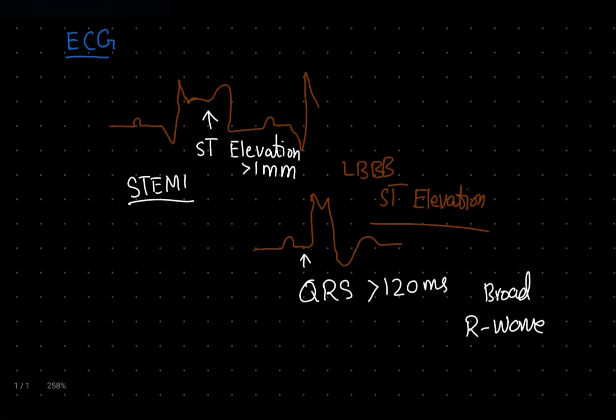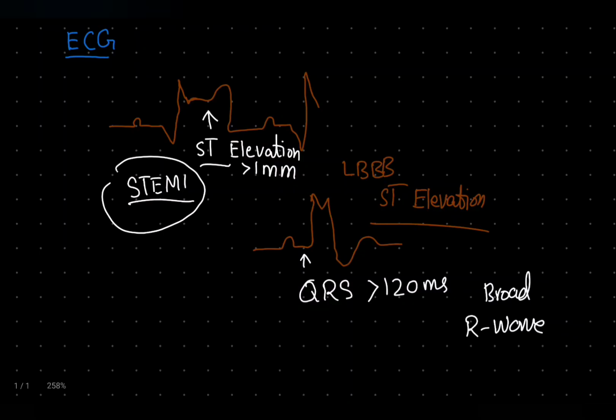When we obtain the ECG results, we will identify whether it is ST elevation myocardial infarction or non-ST elevation myocardial infarction. If the ST segment is elevated in two contiguous leads, it is ST elevation myocardial infarction.